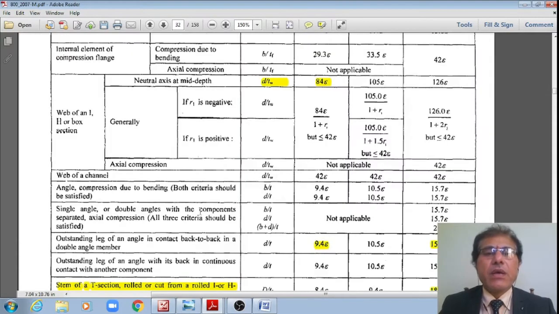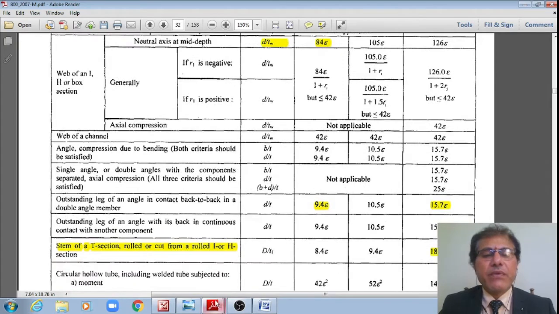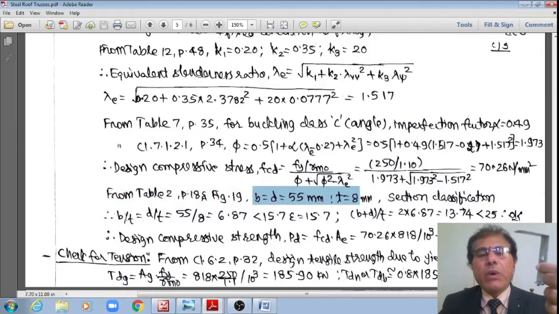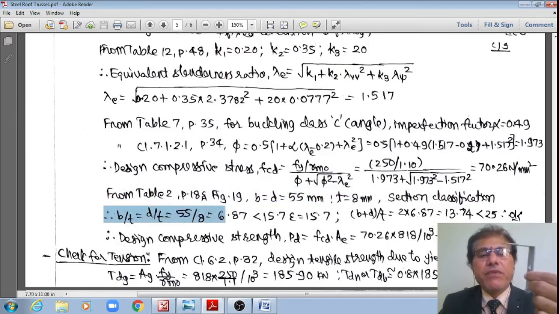Therefore now I'll calculate for my section. I do have B equal to D, both are the same, because both are 55, and thickness is equal to 8 mm. Now I'll see what the section classification is. B by T and D by T, both are 55 by 8, which is 6.87.